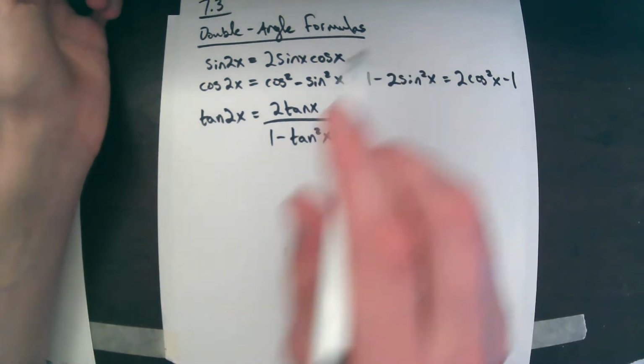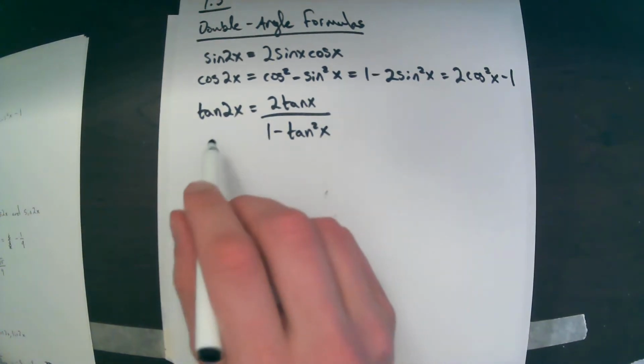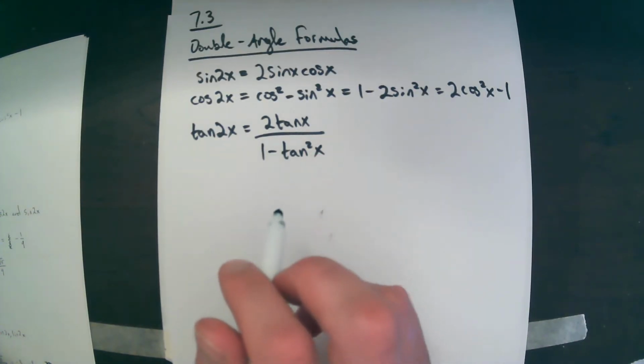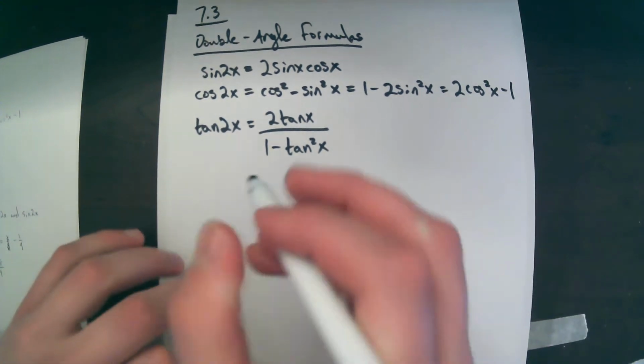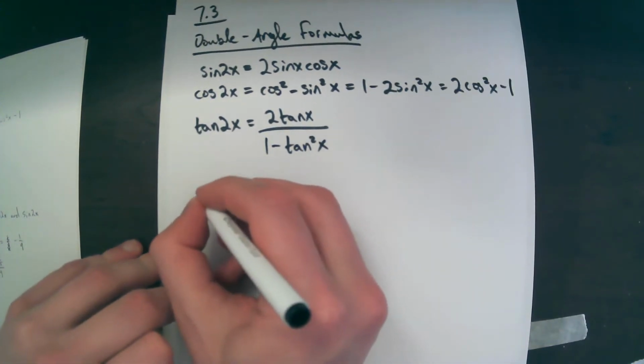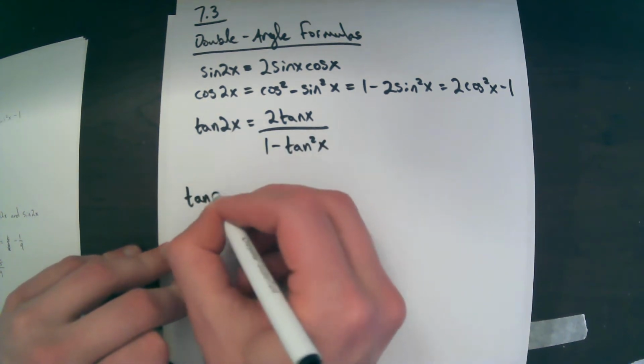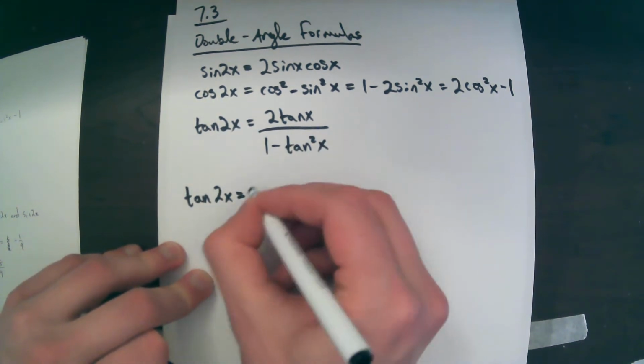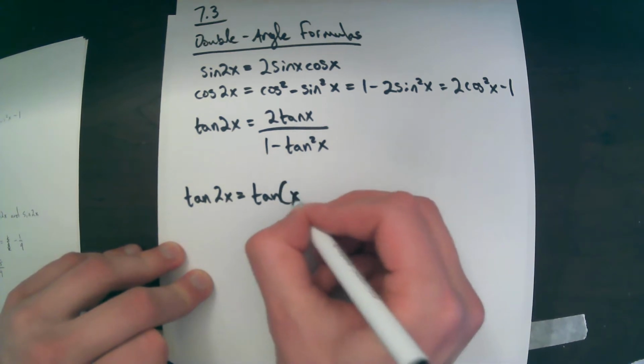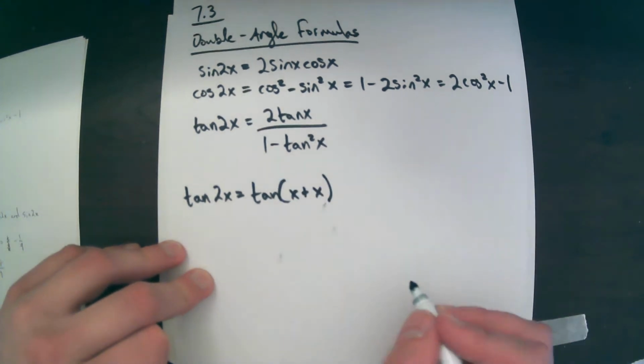I think the book walks through one of these, so I'll just quickly prove it. These double angle formulas follow really nicely from the formulas from last time. So proving this formula, I'll say tangent 2x is equal to tangent of x plus x.